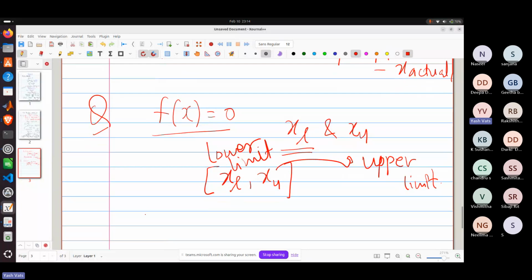If someone says you have to find the absolute relative approximation error, it's just the relative approximation error. And if someone says find the absolute error, don't calculate relative error, just calculate absolute error.